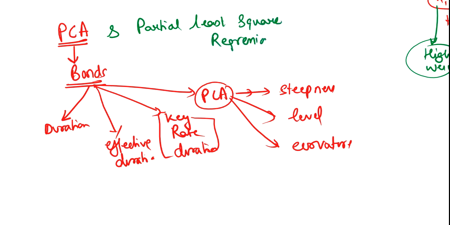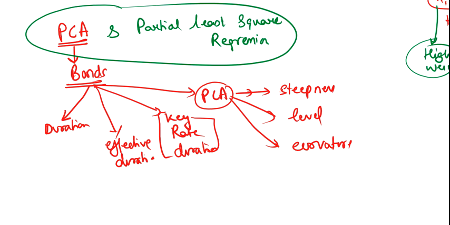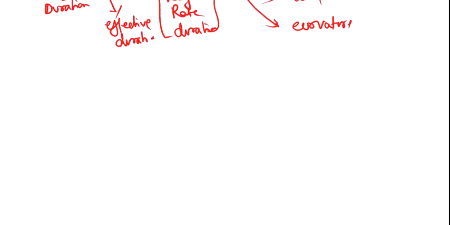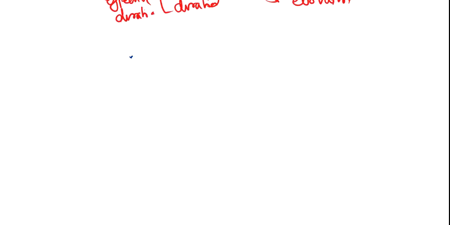Now what's the main agenda of these two methods? Their main agenda is to reduce the number of variables. Okay, say x1, x2, x3, x4, x5 and x6. Suppose there are 6 variables which are explaining Mr. Y, clear.